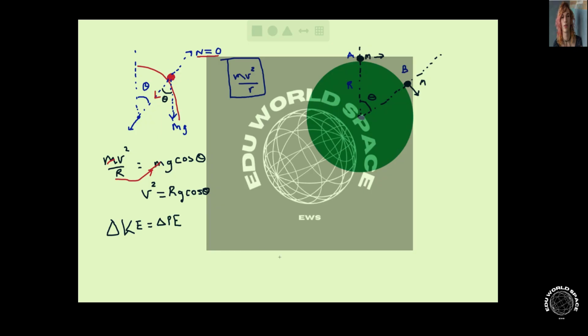So the way we do this is saying that the kinetic energy at the final state is 1/2 mv squared. And it's equal, this is the change in kinetic energy here, to the change in potential energy, which is given by this height here.